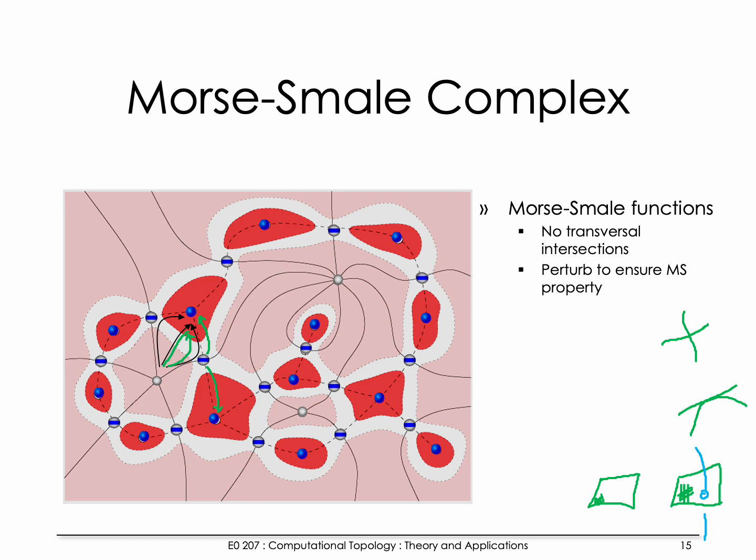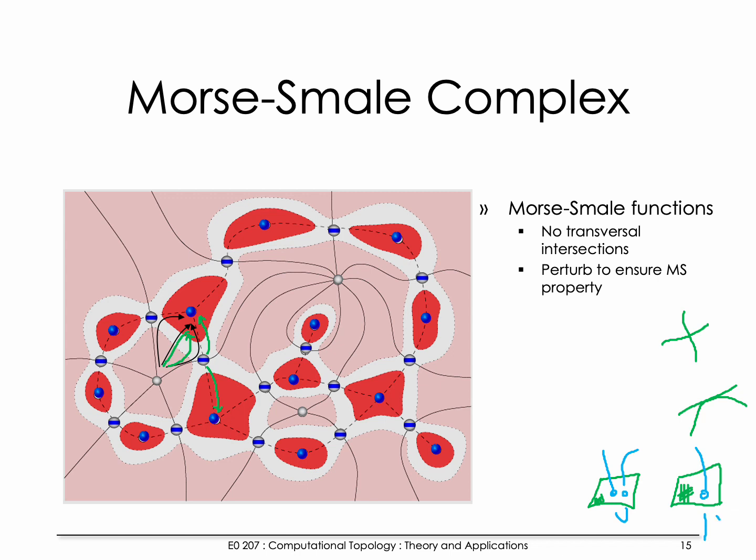A non-transversal intersection would look like this. So we don't want such intersections between ascending and descending manifolds.